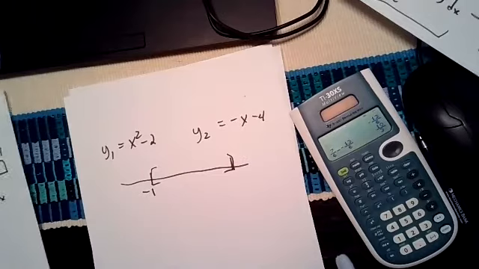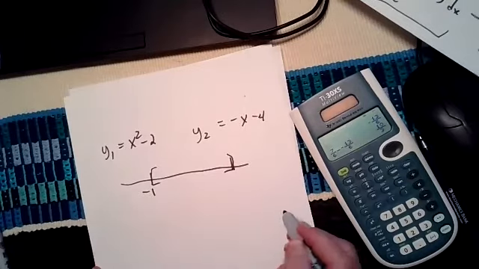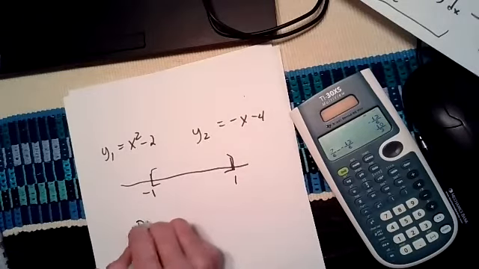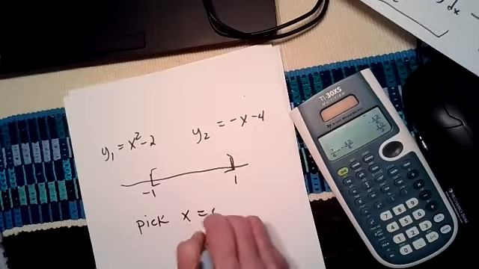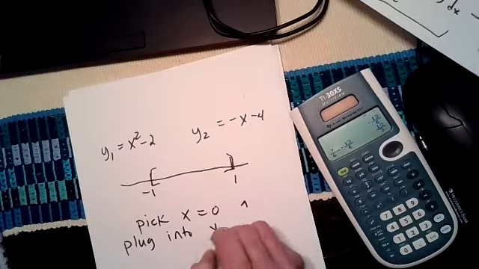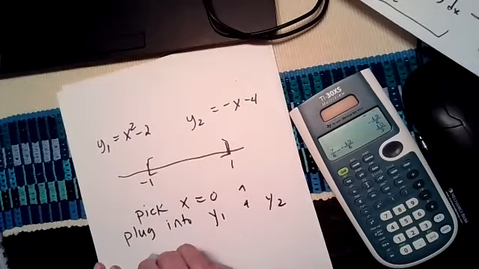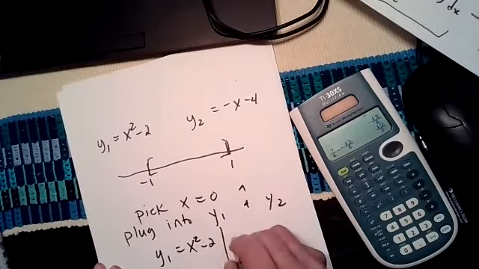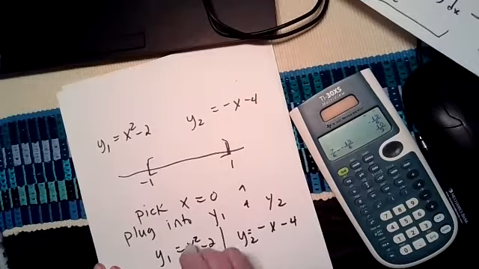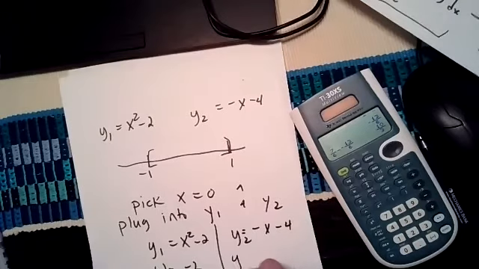All right, so if I want to know which is on top and bottom, I pick some number in the interval, and I'm going to pick x is equal to 0 because it's easy to work with, and plug it into y1 and y2. If I plug 0 into the first one, I get negative 2. And if I plug 0 into the second one, I get negative 4.